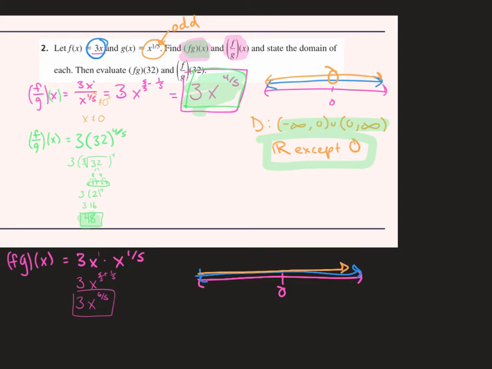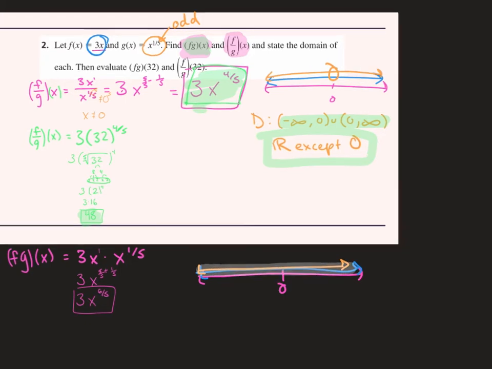All real numbers, because that index is odd, we can have negatives. So we have all real numbers and all real numbers. Don't have to check anything else. We just need to see what's in common. So in common between our blue line and our orange line is all real numbers. So our domain is all real numbers.